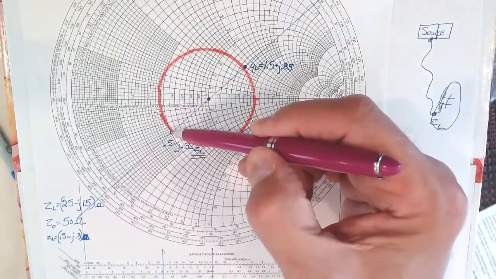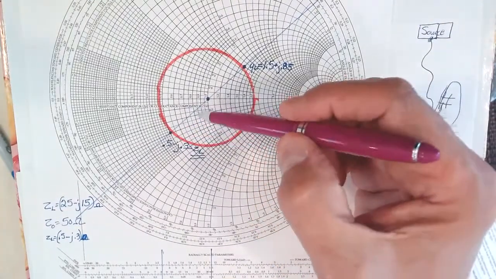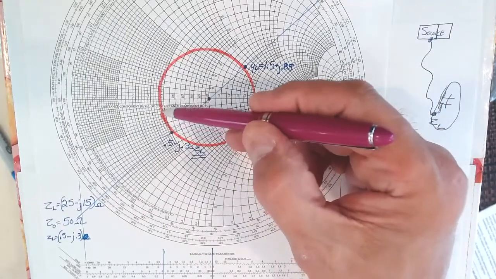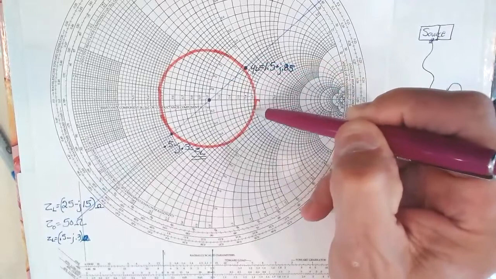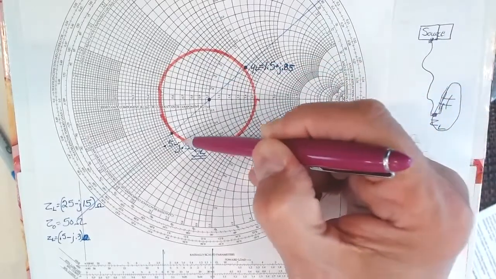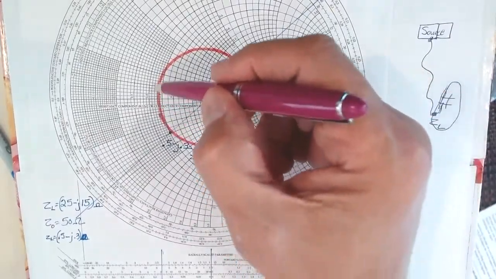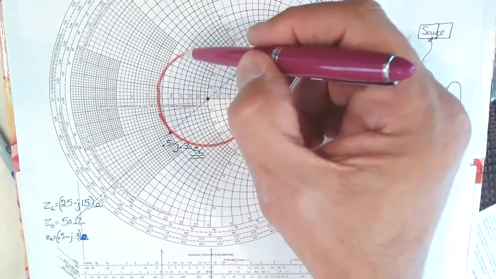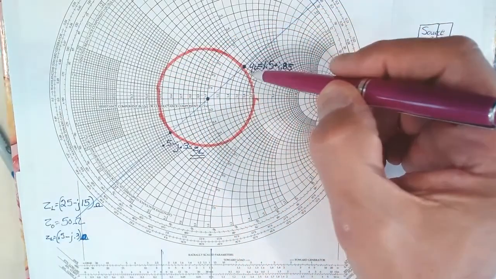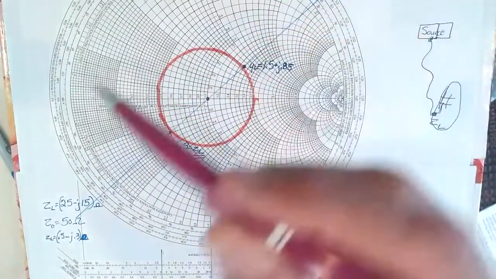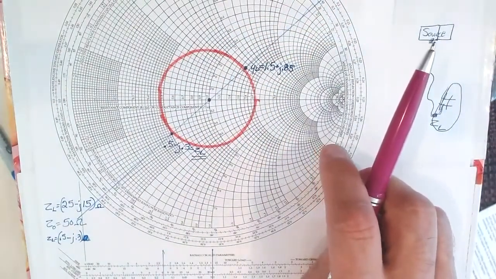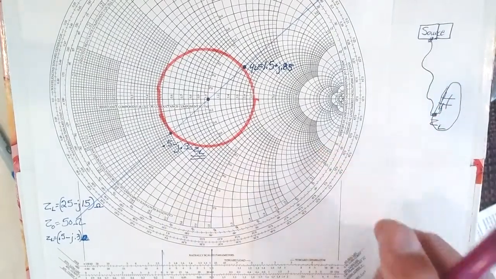And that's what I have here, which I described in our last lecture. This is my circle of constant VSWR, right? You can see that the impedance all the way around here is all different, but if we put it into the VSWR equation, it'll always come out the same constant VSWR.